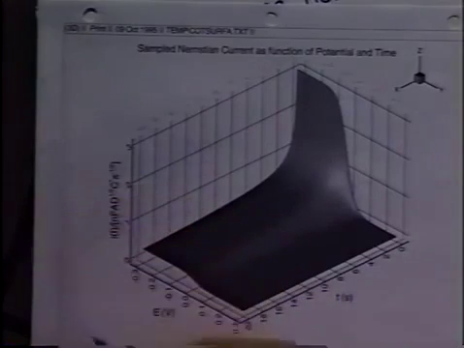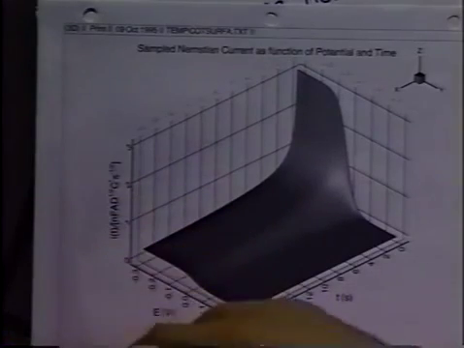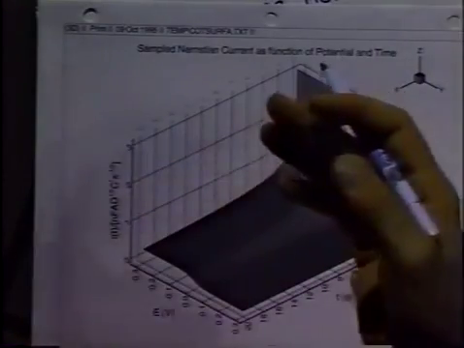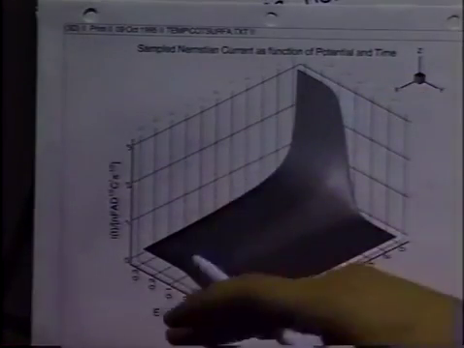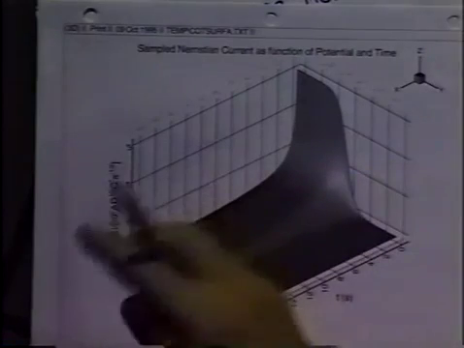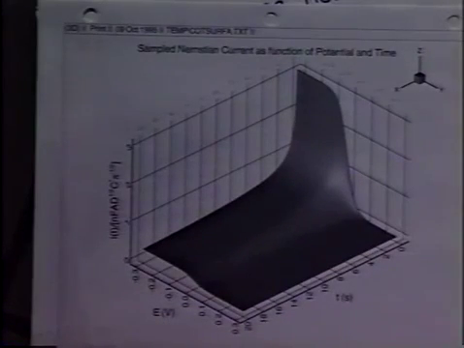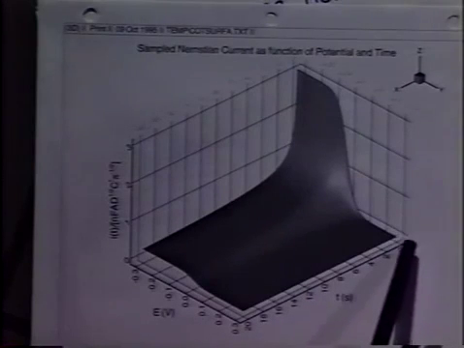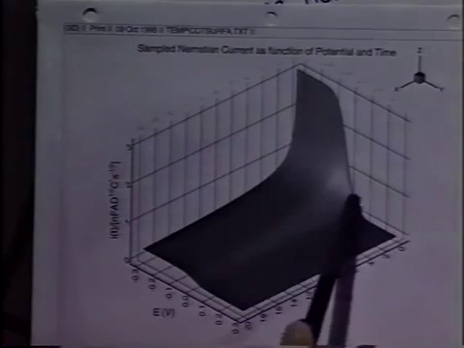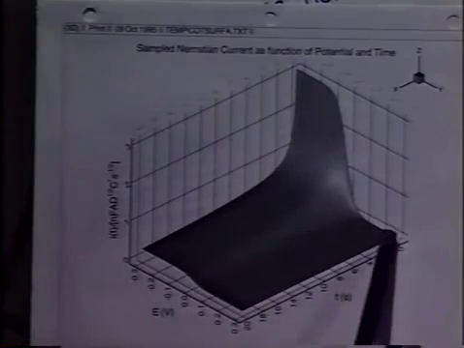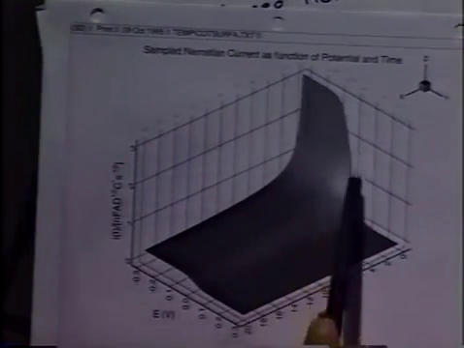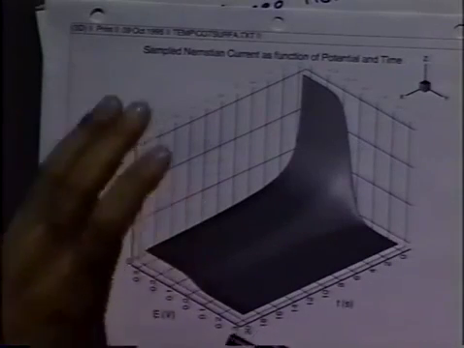So this would be like steps from a very positive potential where no reaction is occurring to a more negative potential where we have a reduction occurring. And here you can see if we concentrate only on a short time and we cut along this, you can see the shape of a sigmoid as we'd expect for a sampled current voltammogram.